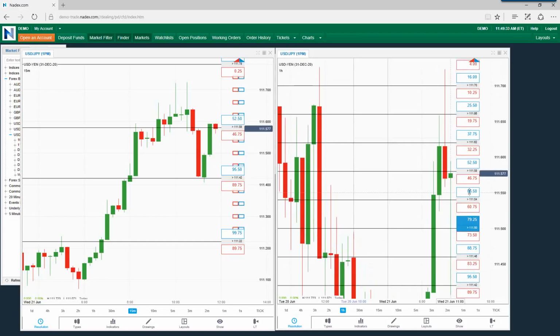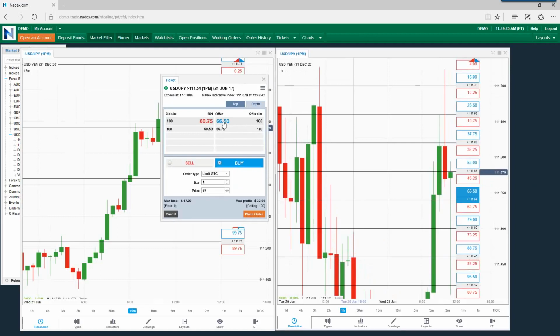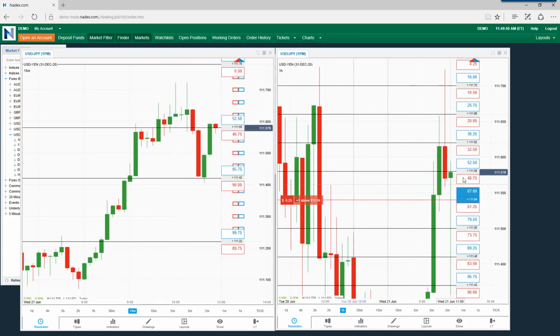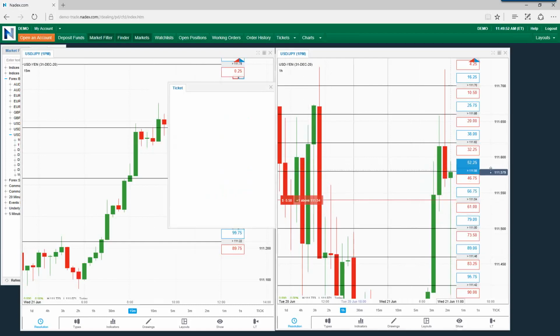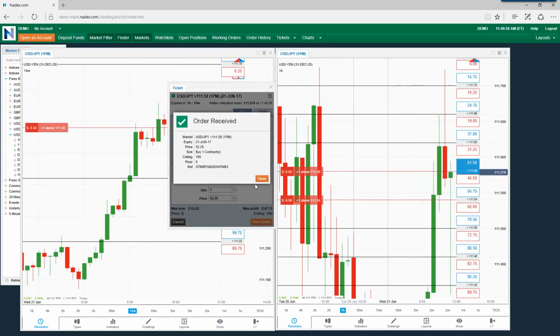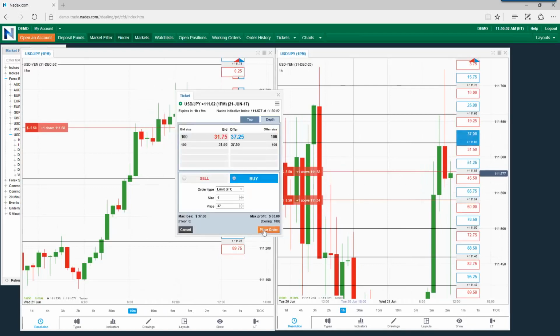If you wanted to do an in the money, we want to go long, it would be right at $67, $66.50. This would be your in the money. This would be your at the money. It's got 52.25 in risk. And this would be your out of the money.